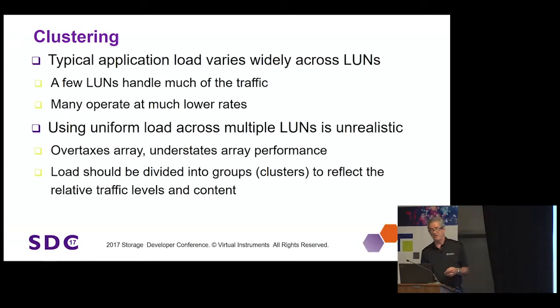But by understanding clustering, we can combine those high load and lower load LUNs in a way that makes sense and is realistic for the test. Uniform load across multiple LUNs is not the way to go about it. I'm going to talk about that in just a minute. You're going to overtax the array. You're going to be overstating the load from a bunch of LUNs and understating it, or just averaging it out, for those few LUNs.